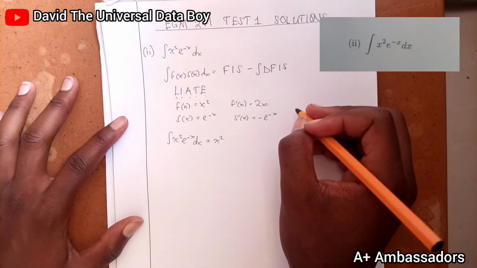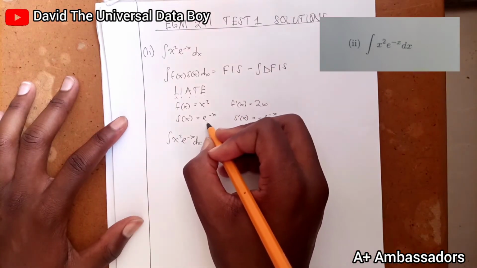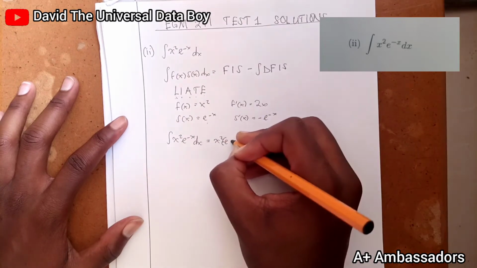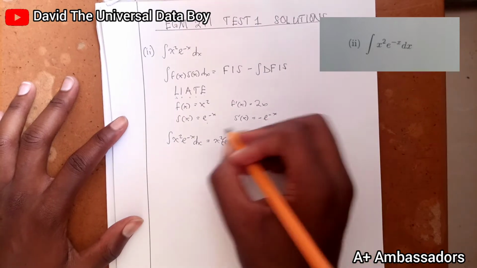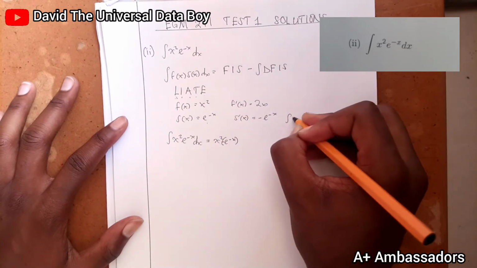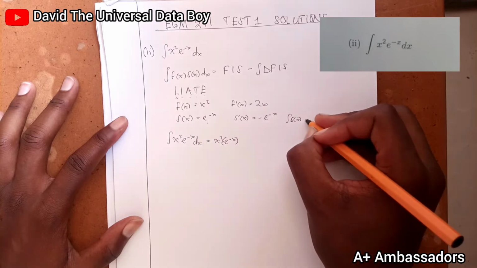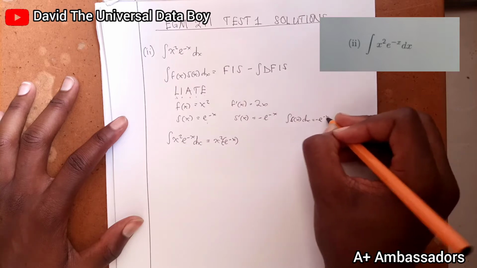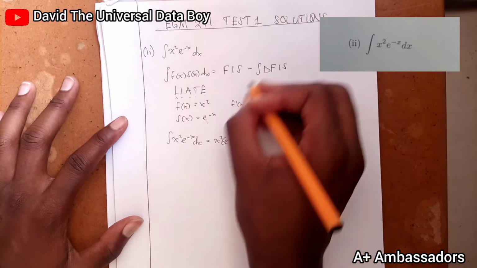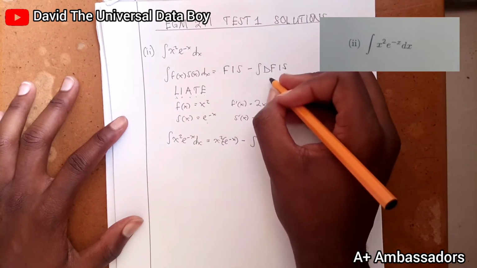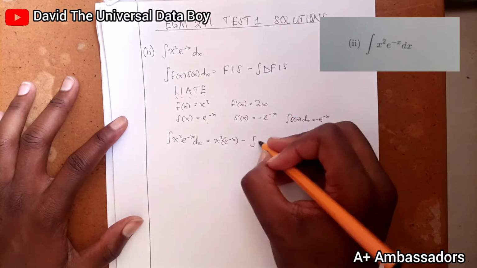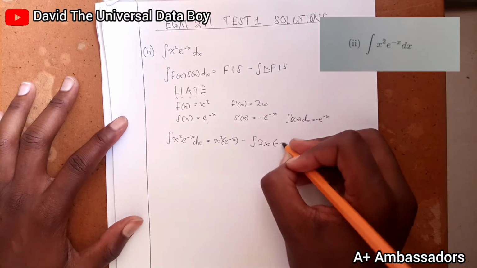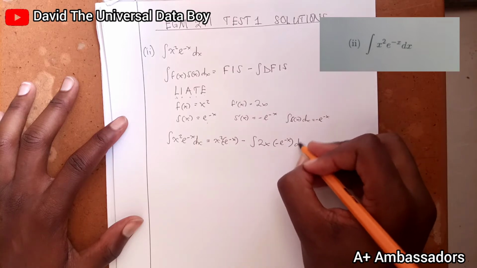So now the integral of this function is negative e to the power negative x. It's the same as the derivative, so I can even put the integral of s of x dx is going to be equal to negative e to the power negative x. So now minus the integral, the derivative of the first function is just 2x, times the integral of the second function, which is negative e to the power negative x dx.